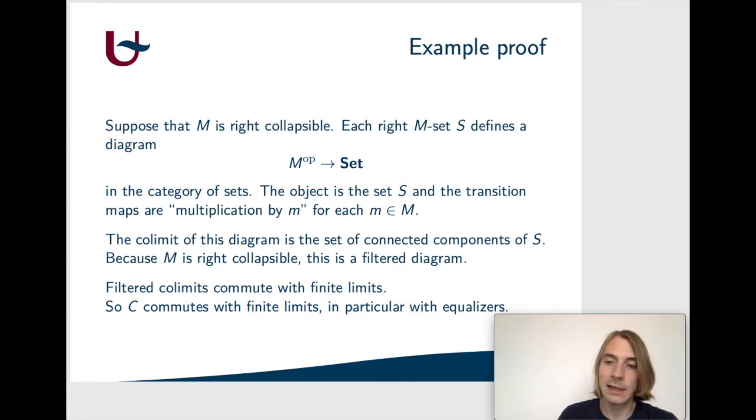And if you would take the colimit of this diagram, then you would get the set of connected components of S. And because the monoid M is right collapsible, we see that this is a filtered diagram. So the colimit is actually a filtered colimit. And filtered colimits commute with finite limits. So the connected components functor commutes with finite limits, and in particular, this connected components functor C commutes with equalizers.